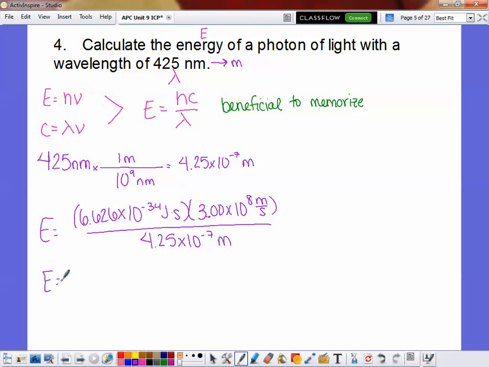A lot of numbers with exponents. And what do you get? Four point what? I got 4.68.